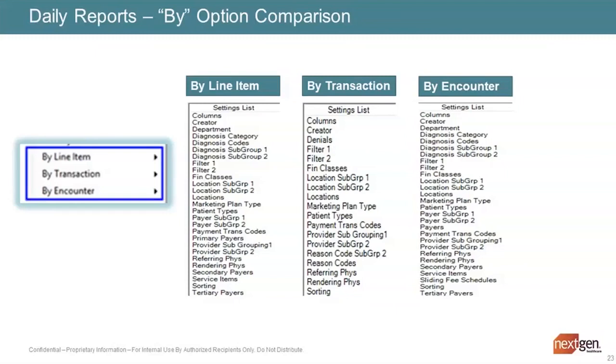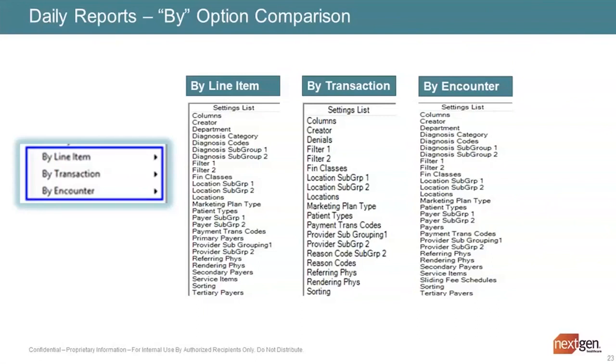So there are certain things that are going to be available in one perspective and not available in another. At an encounter level, things are not available that are by line item. Generally speaking, by line item is the most granular. The next would be transaction, and by encounter is the least granular.